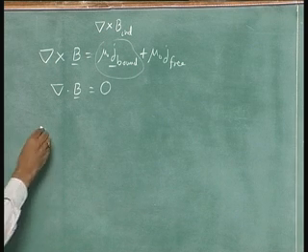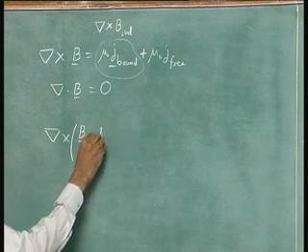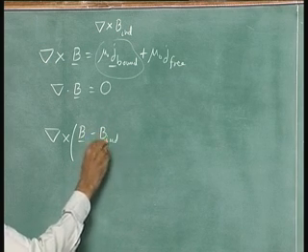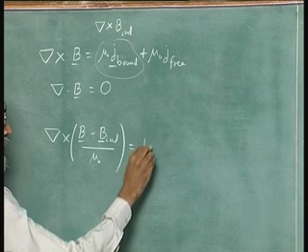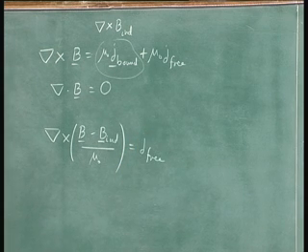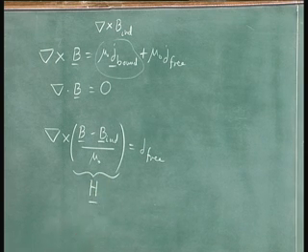Which allowed us to say curl of (B minus B induced) divided by mu naught was equal to J free. And we identified this as a new vector which we called H.